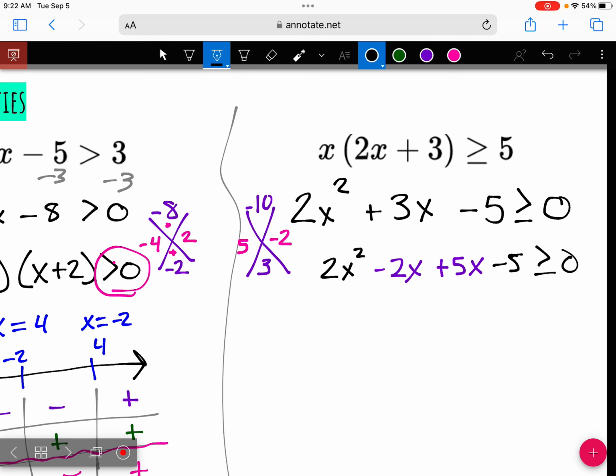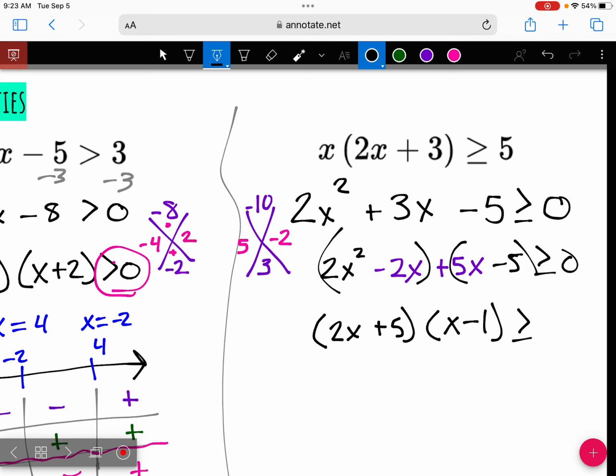I do it this way so that I can do my factoring by grouping. You can do whatever floats your boat. We should wind up with 2x plus 5 and x minus 1, like that.